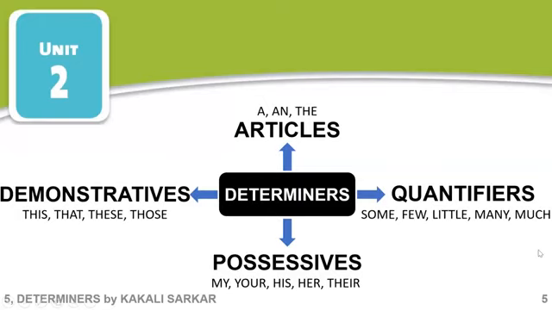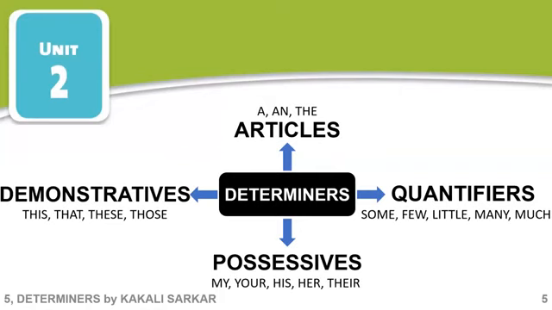Some of the quantifiers are some, few, little, much, more, any. These words don't fix the accurate number of a thing but refer to an approximate quantity. They indicate how much or how little of the noun is being discussed.